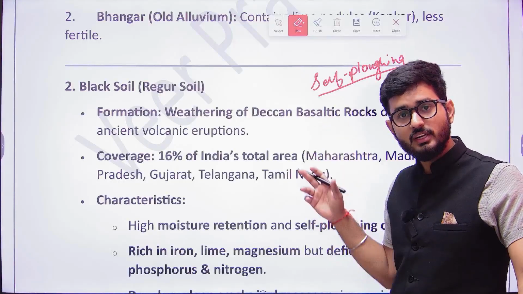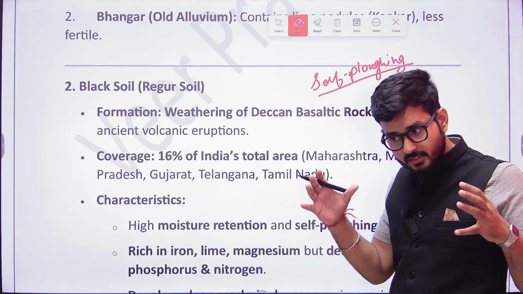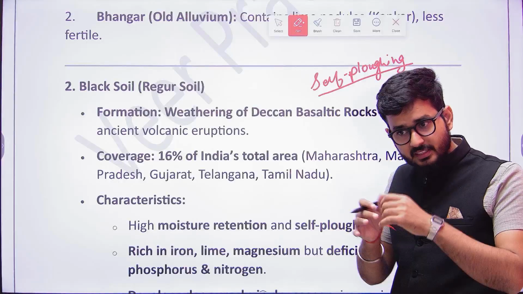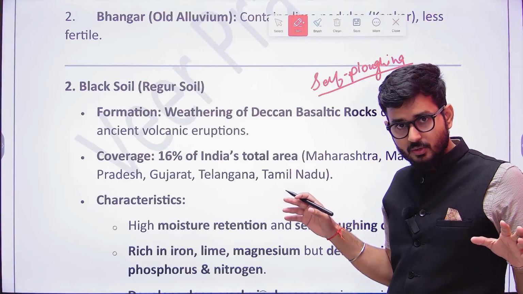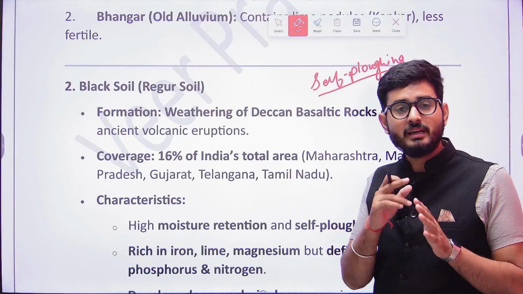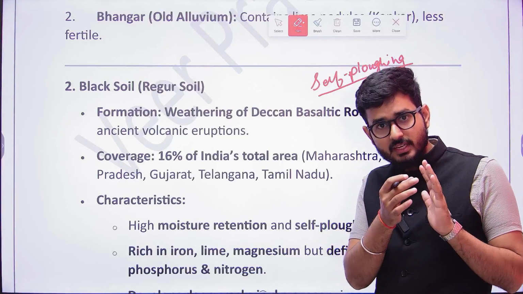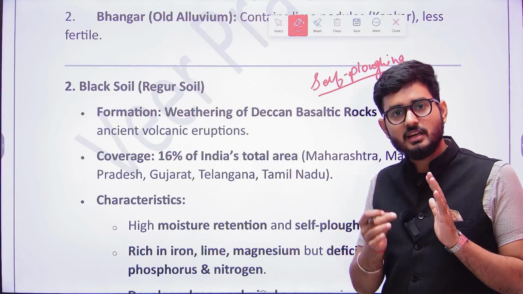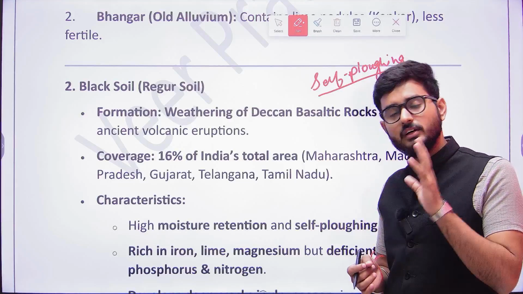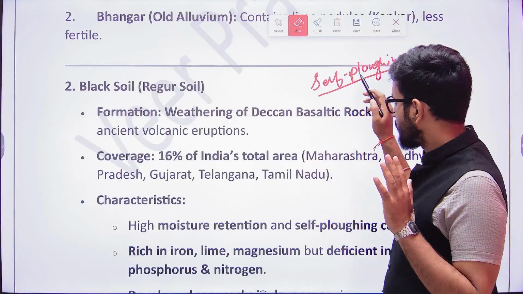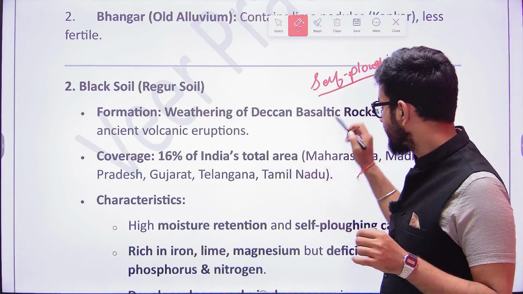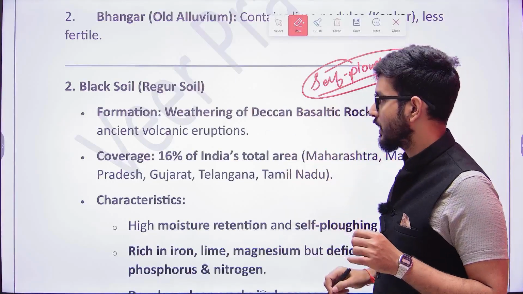But when this soil is dry, it shrinks, and wide cracks develop on it. Just as when your skin becomes dry, it shrinks and cracks are generated, similarly here also it will happen. So that concept of shrinking and developing wide cracks is known as self plowing.